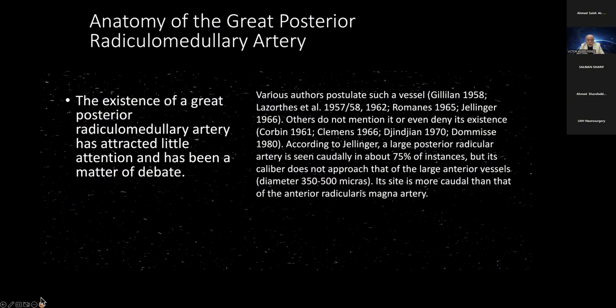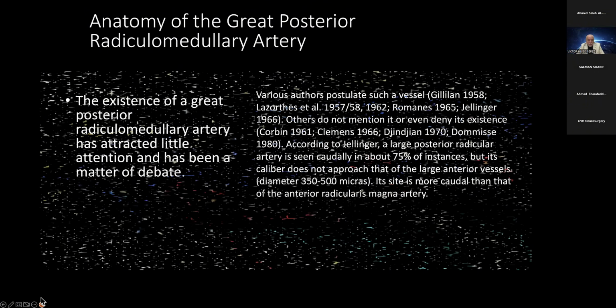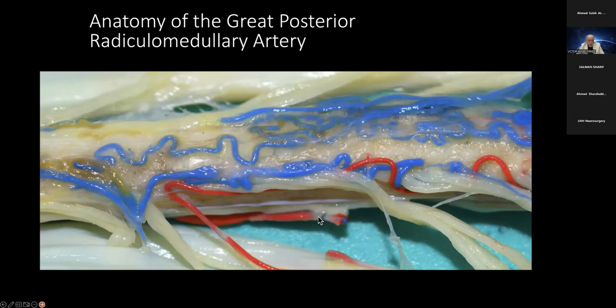So now there is no doubt about the existence of this artery. You can see in this picture the Adamkiewicz artery is this, and this is the great posterior radiculomedullary artery. No doubt about its existence.